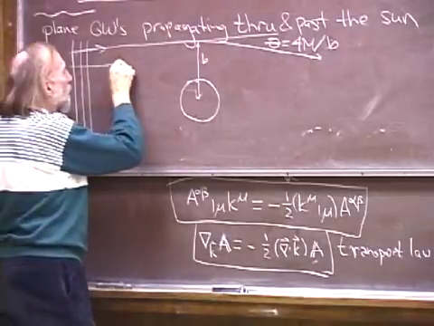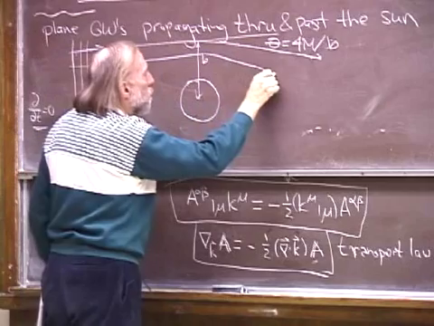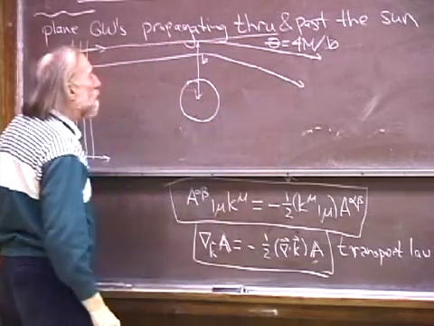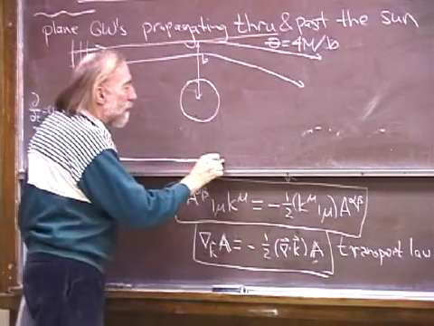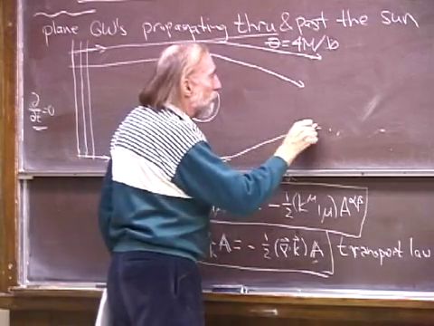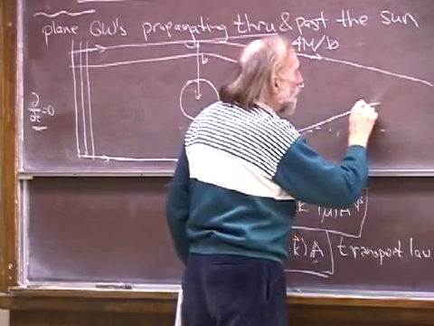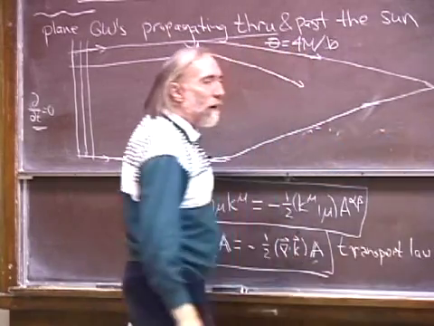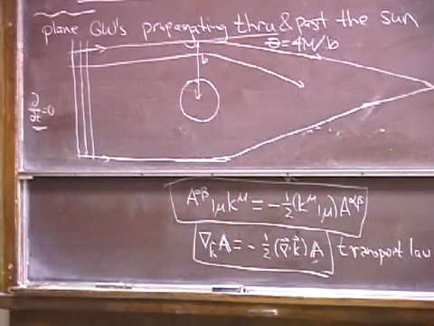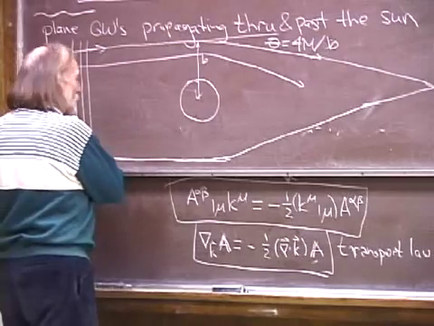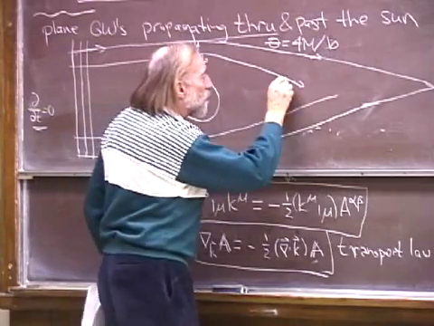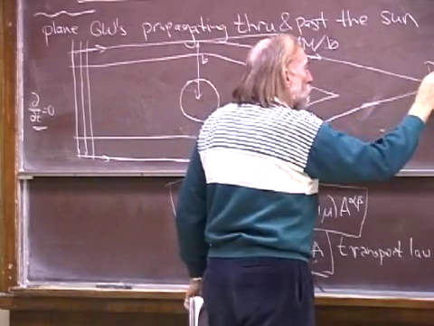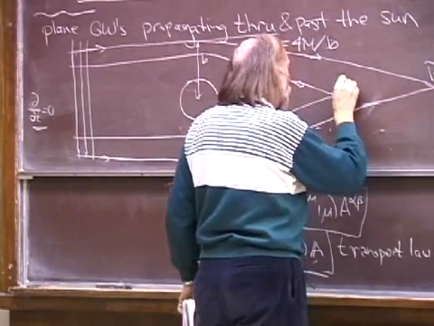A ray down here is deflected more strongly. And similarly, rays out here are deflected fairly weakly. And these guys come to a focus somewhere out near the orbit of Pluto. And these two guys may come to a focus somewhere out near the orbit of Neptune.